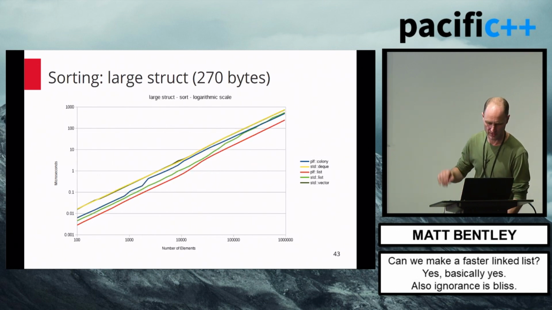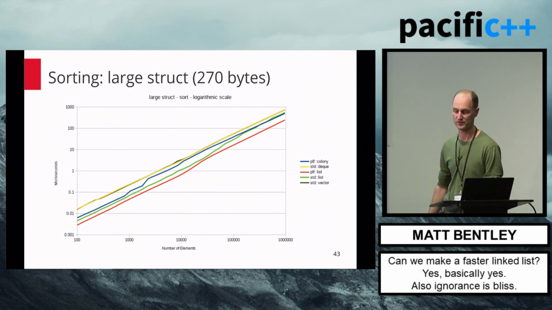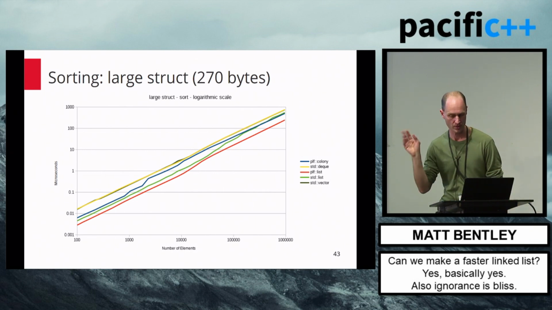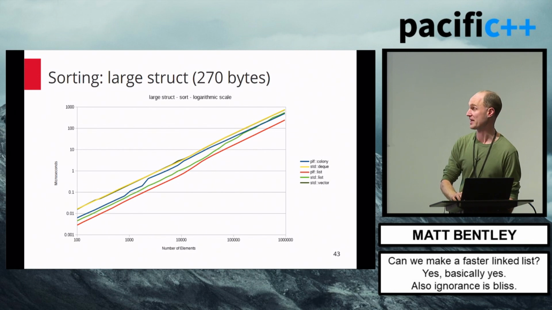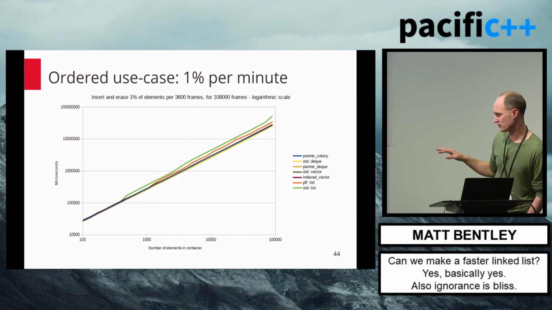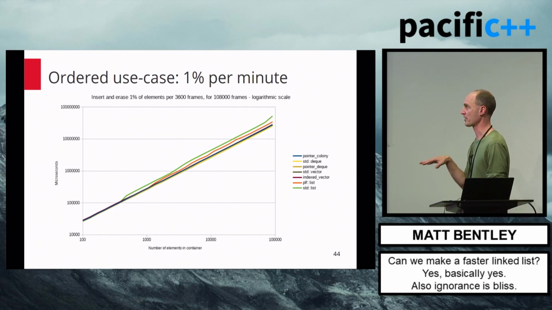And then large structs, both standard list and PLF list doing a lot better. The obvious reason for that is with a large type, with sorting with a standard list, you're not actually moving the elements around, you're just changing previous and next pointers, so no copying, and obviously that makes a difference for large types. So that's all very well and good, but that's micro benchmarking.